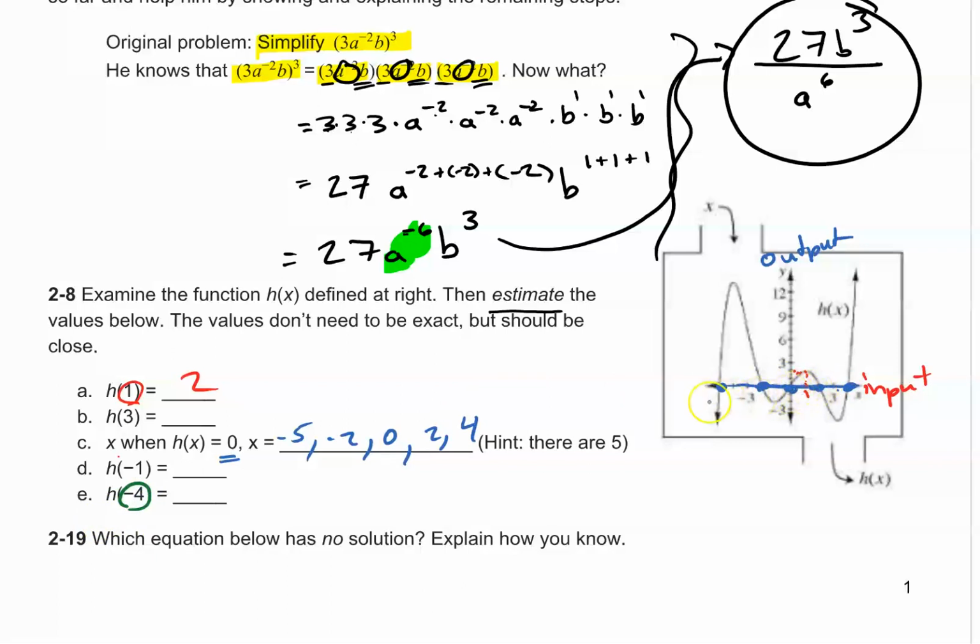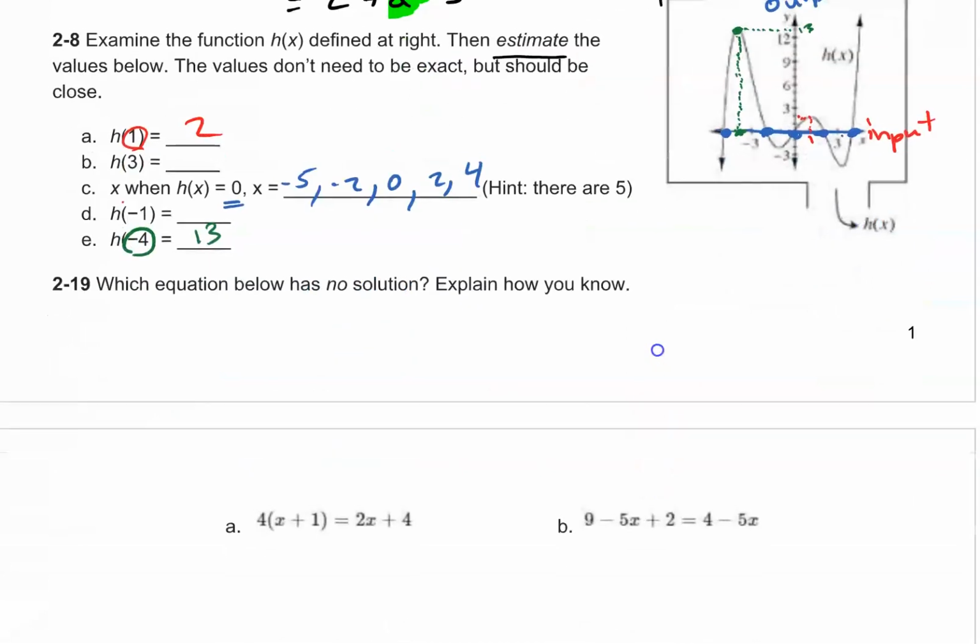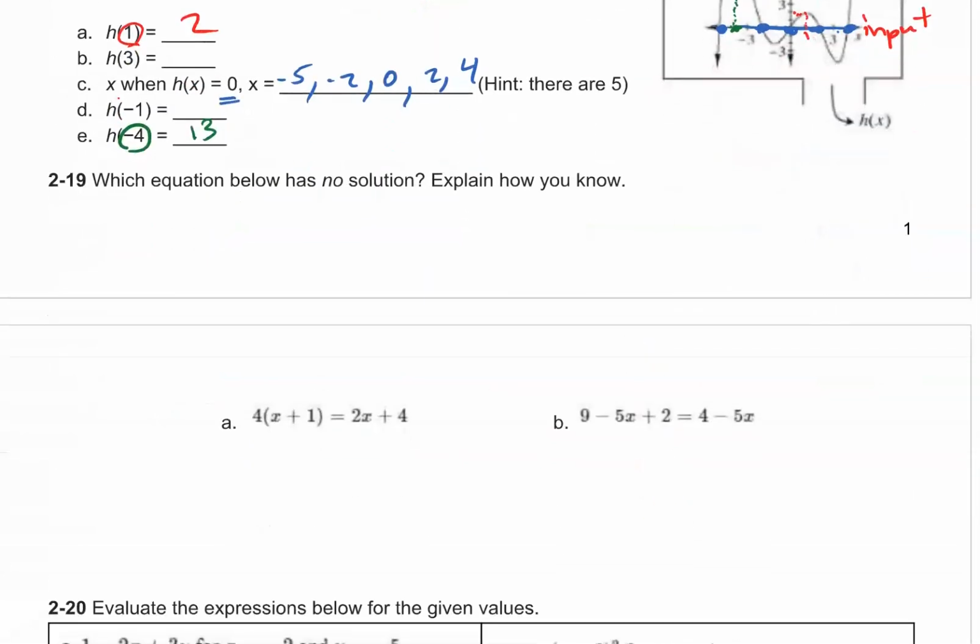So if you come to -4 on the x-axis, it's the input axis, and then you go up, how tall is the graph here? Well, the output looks like, I would say 13. You can do the rest of them. Please do them all. Remember, I'm just doing half of the problems.